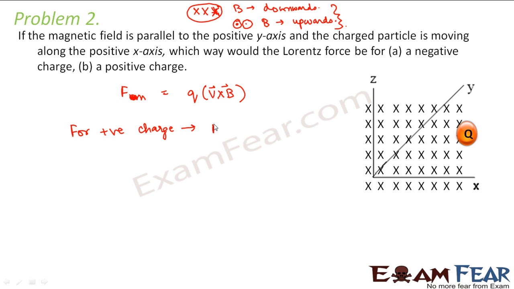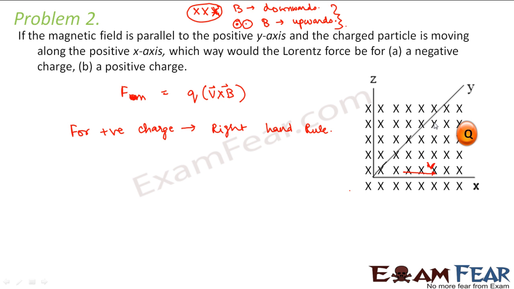For a positive charge, you apply the right hand rule. Your velocity is in this direction, and your magnetic field is going down towards this y-axis. That means the y-axis is going downwards, that is, going backward. Imagine it in 3 dimensions.